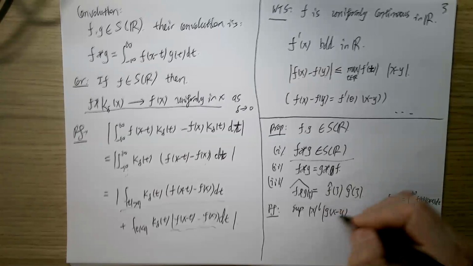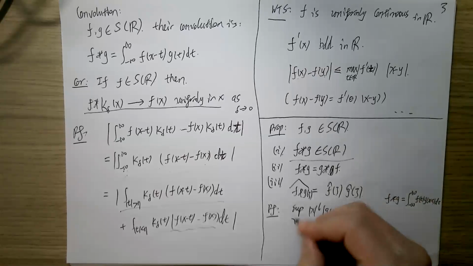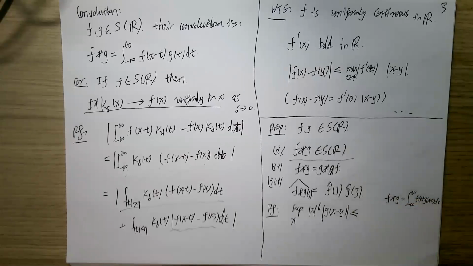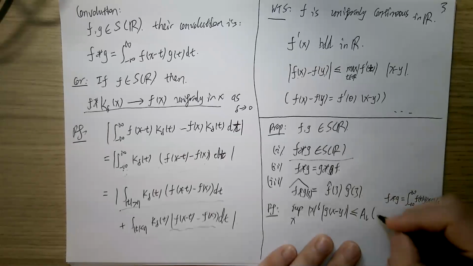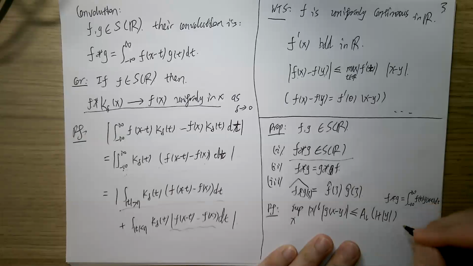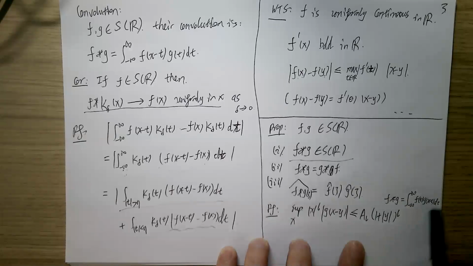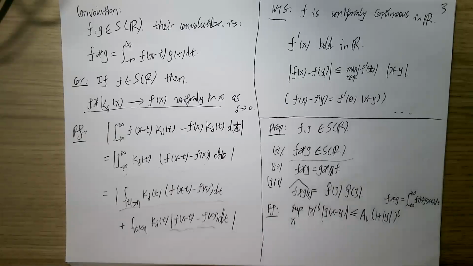And for this function, if you take the supremum, which is the maximum of this function, it can be bounded above by some constant that may depend on l times (1 plus t) to the power l.